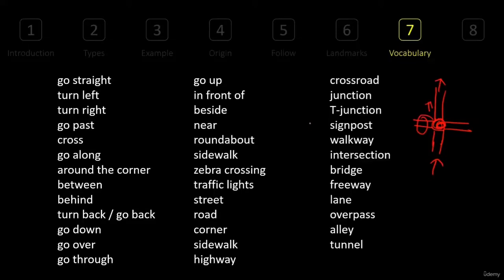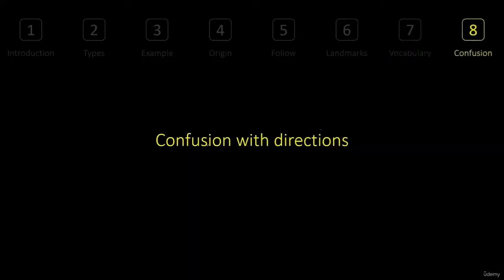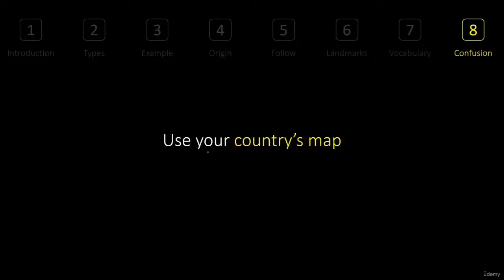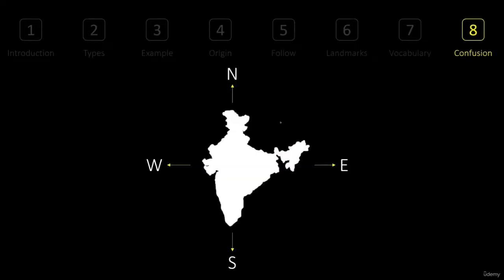Okay, good. Lastly, we have confusion with directions. The biggest confusion is actually east, west, north, and south. While we are in a hurry listening to an audio, we might think of east as west, or we might not be able to point them out. My logic is to use your country's map. For example, look at India itself. We have north here.